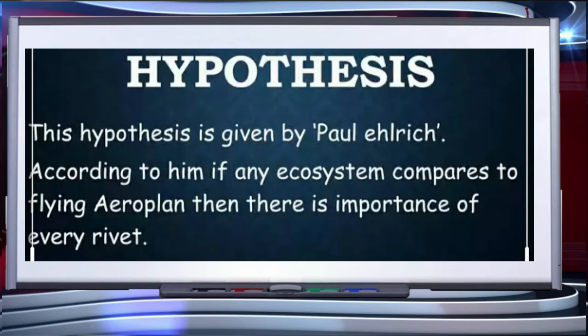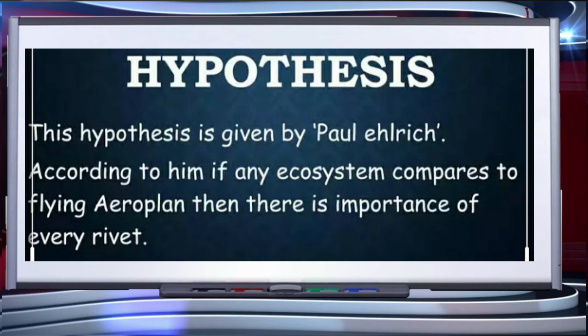Another hypothesis, given by Paul Ehrlich, helps us understand the importance of species in the ecosystem. According to his hypothesis, the ecosystem is an airplane and the species are the rivets joining all parts together. If every passenger pops a rivet to take home, it may not affect flight safety initially.